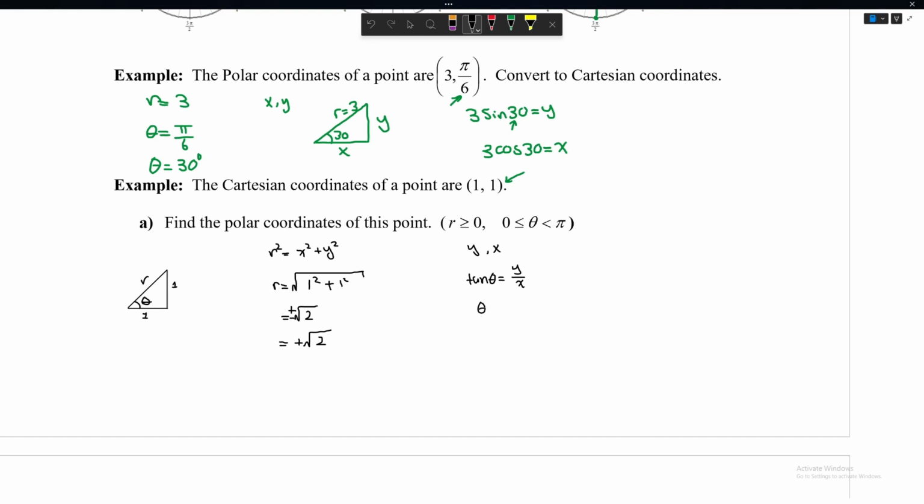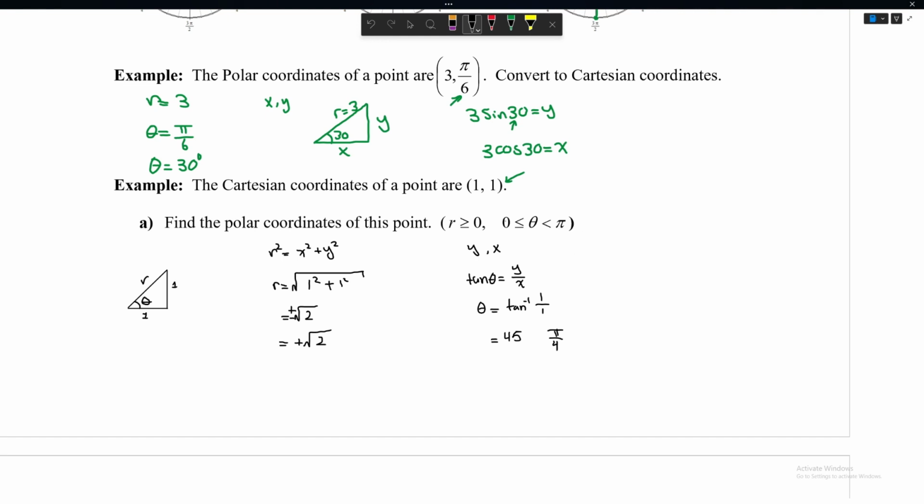Now if I isolate, tan inverse, I'll get 1 over 1, which is 1, and tan inverse of 1 is 45. Now if you want to turn your 45 into radians, you can just put your calculator in radians and do tan inverse of 1, and that'll give it to you in radians, which is pi over 4.